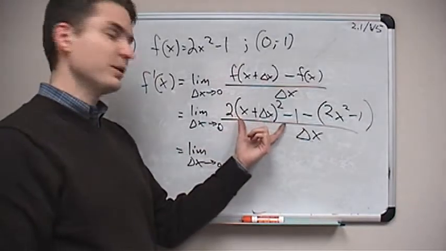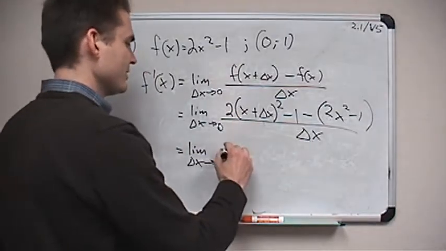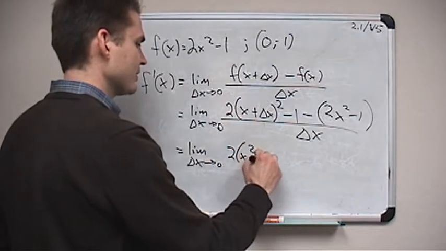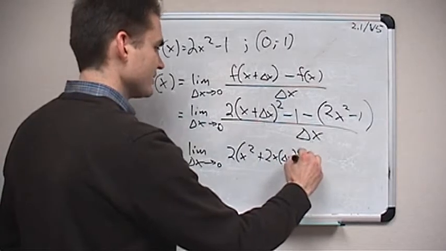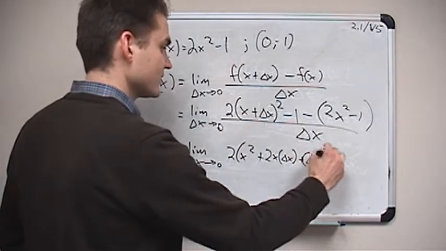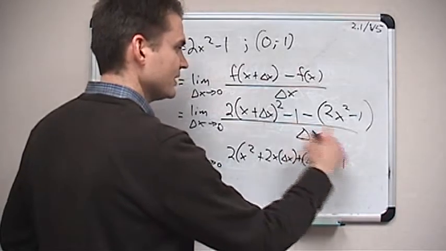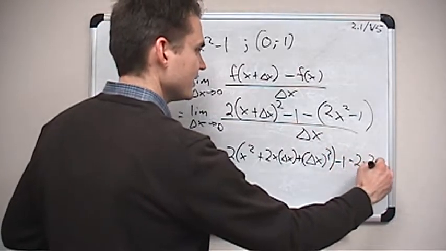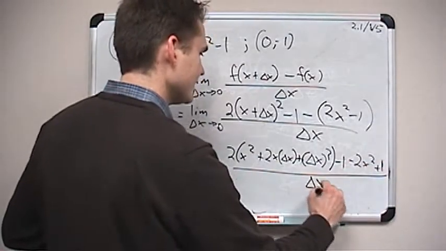Of course, again, we have to FOIL this out, which we've done several times in the past few sections. But this is going to be 2 times x squared plus 2x delta x plus delta x squared, minus 1 minus 2x squared plus 1, all over delta x.